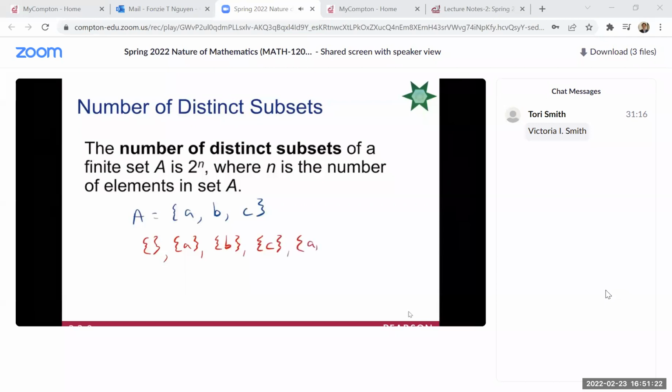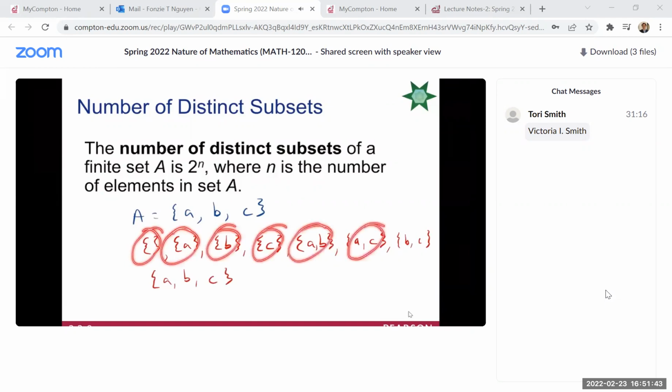A, B, A, C, and there's one more, B, C. And then the last one is the set that has all three, A, B, C. So how many total? 1, 2, 3, 4, 5, 6, 7, 8. Yeah, I'm counting 8.